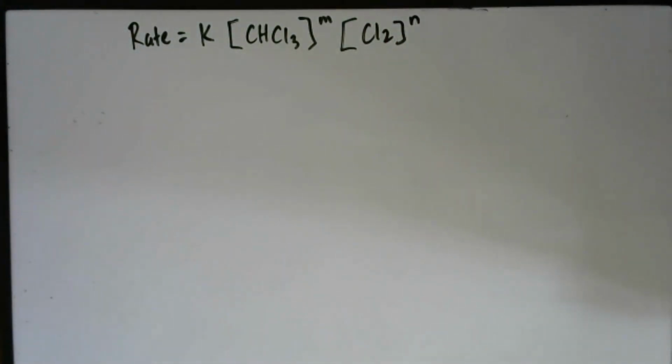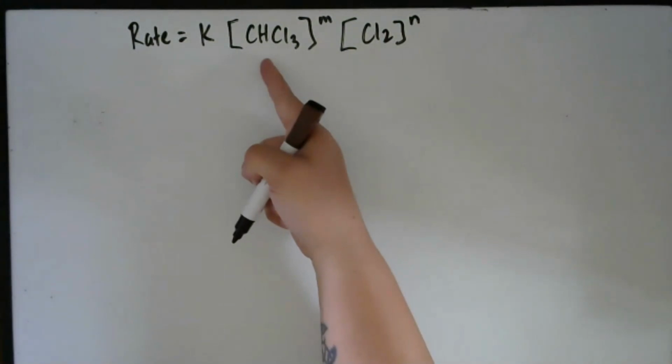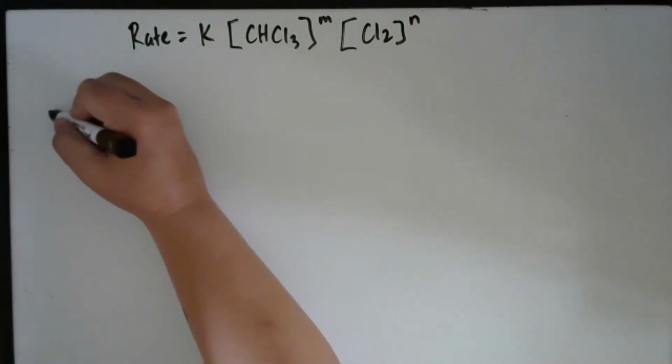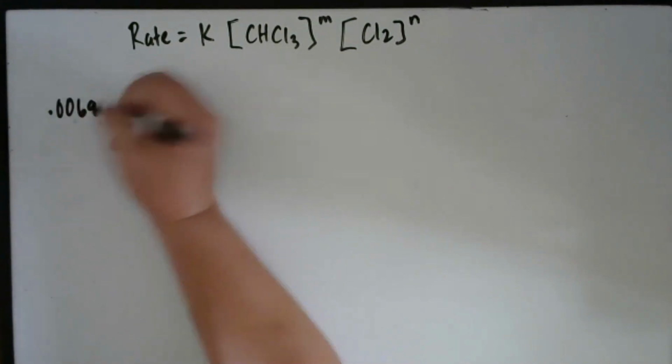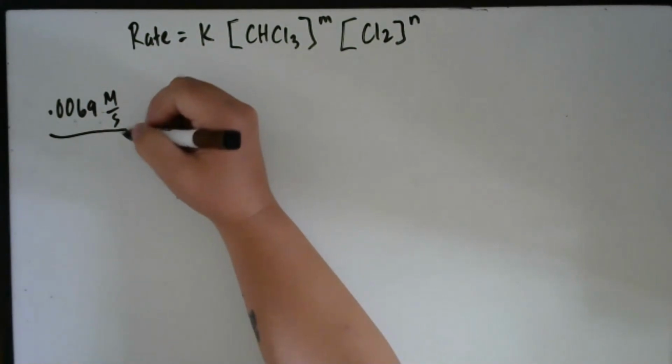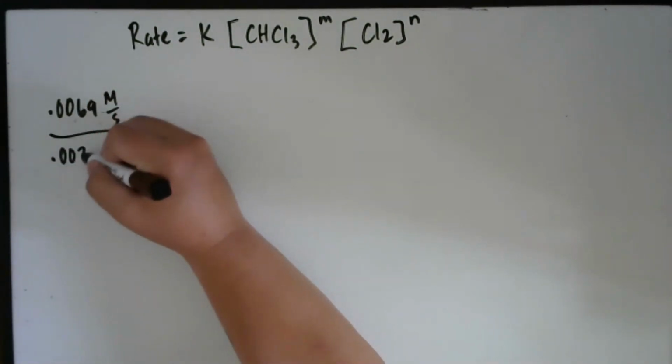Okay, so what we've got to find here. All right, so we're going to look here. I'm going to use trials 1 and 2 to find the order for the CHCl3. So rate 2 is 0.0069. Rate 1 is 0.0035.